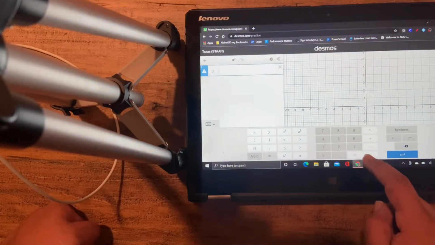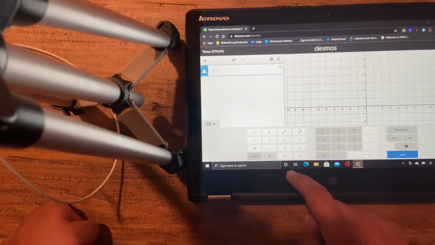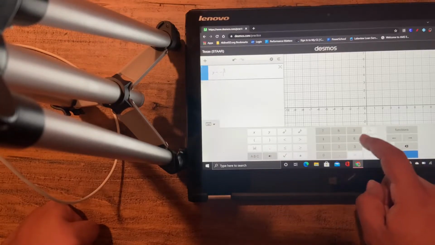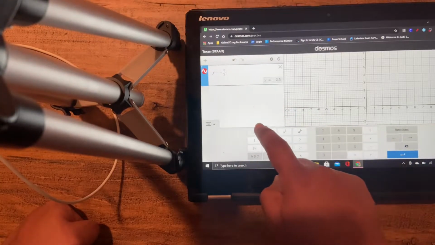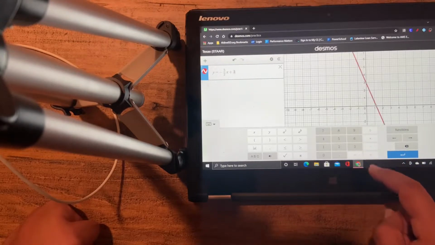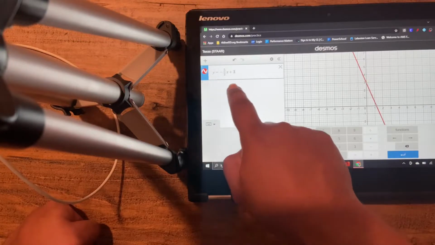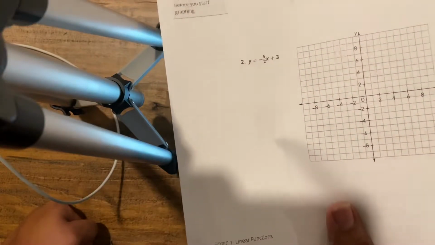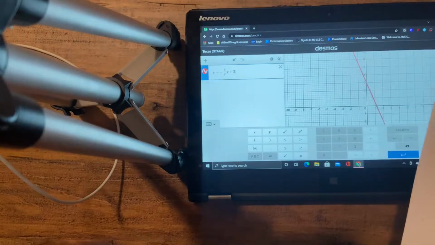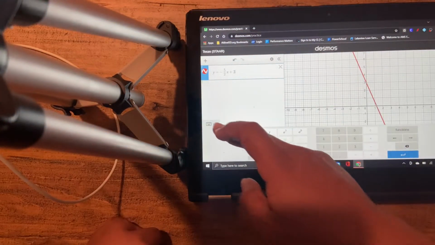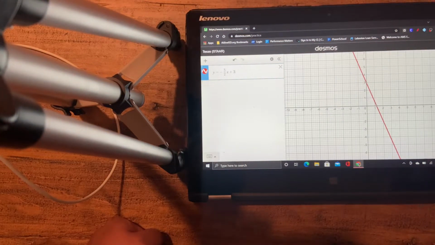Y equals negative 5 over 2x plus 3. Be careful when you're typing this in. Make sure it's exactly the same as that. Technically, you do need to be able to practice it, so please make sure you know how to type it in very nice and neat. After that, you can see we have a line drawn. Please be careful. Don't use this as a point.